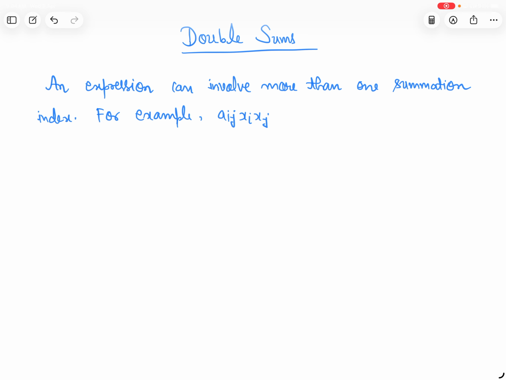This is double sum. It indicates a summation taking place on both i and j simultaneously.